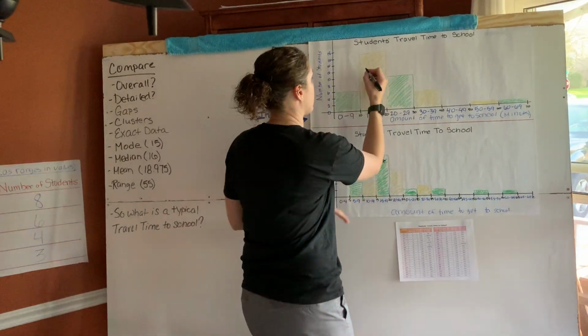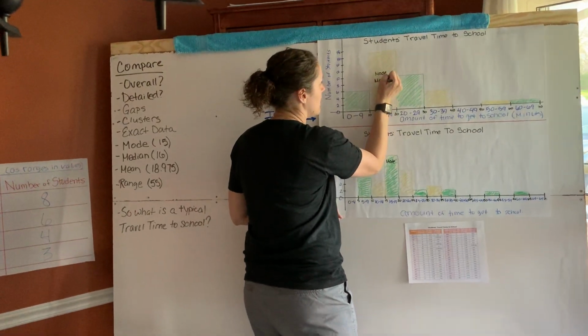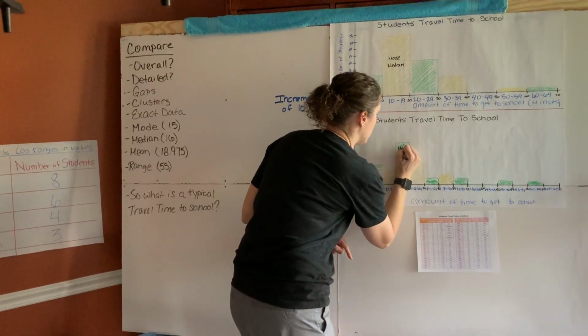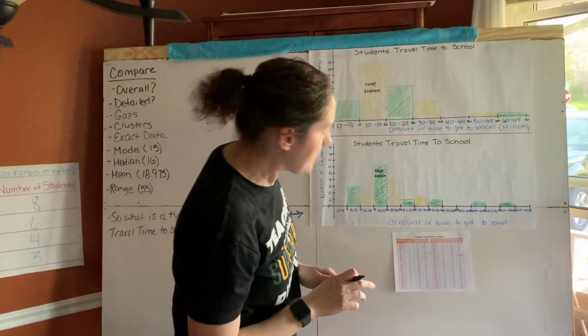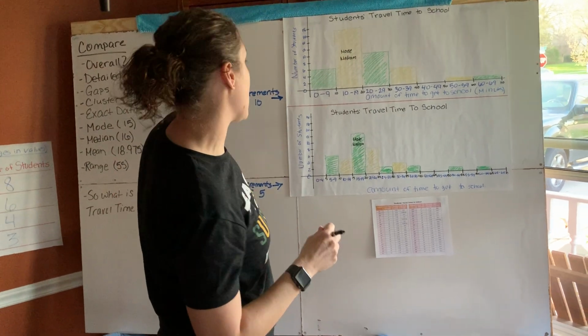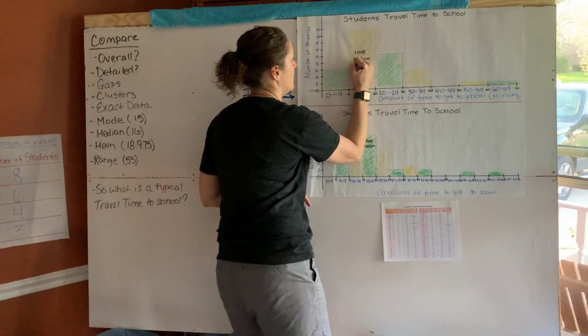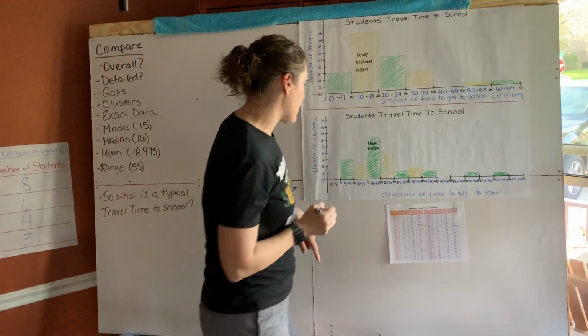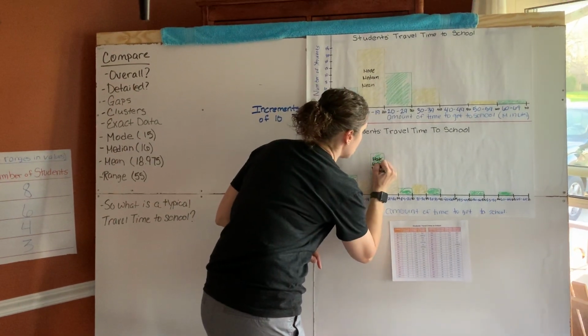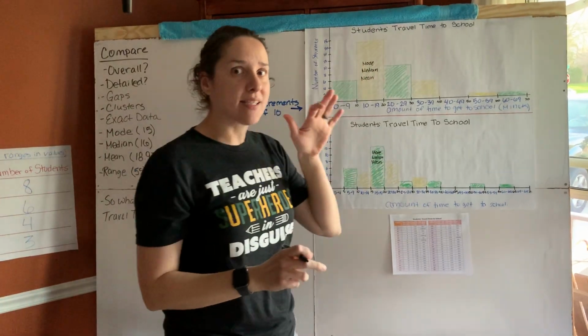So that's somewhere in here. The median falls in that yellow bar. The median is also going to fall in that bar. The mean is 18.975. Mean falls in that yellow bar. Mean falls in this green bar. That's so important.